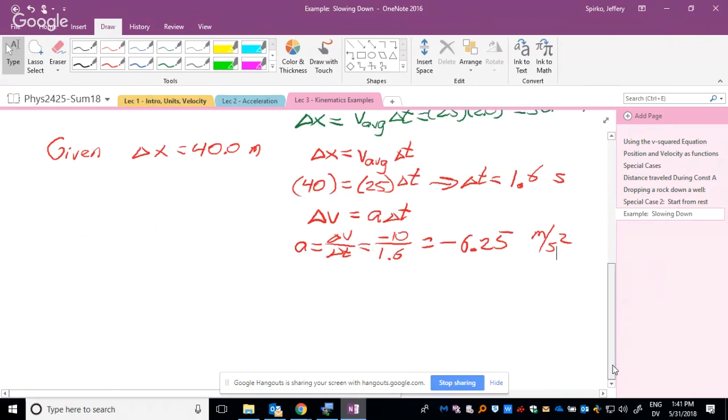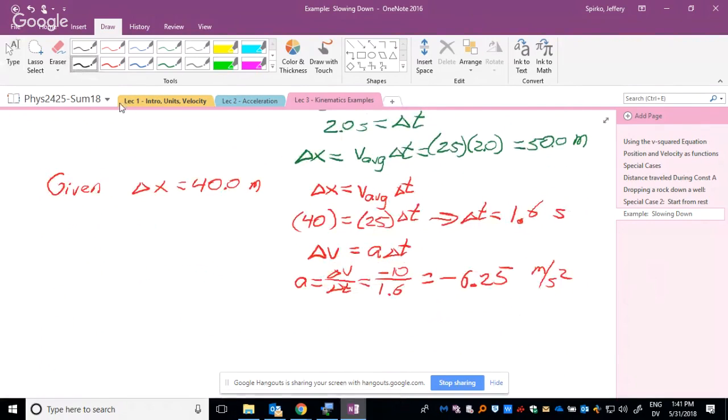And then as a third version of the given, delta T is equal to 1.5 seconds, we can make use of the velocities and the delta T fairly easy.